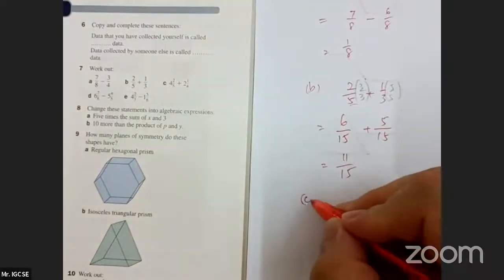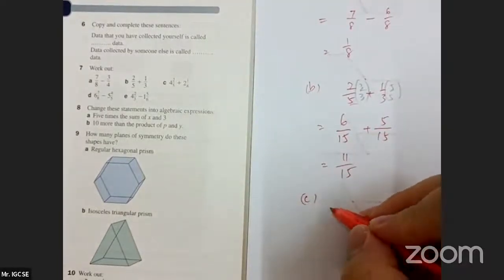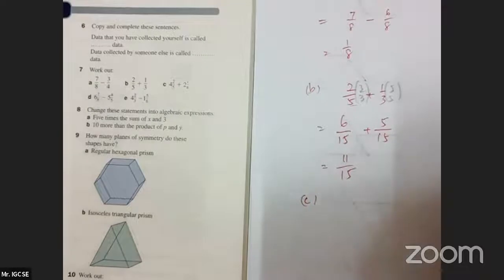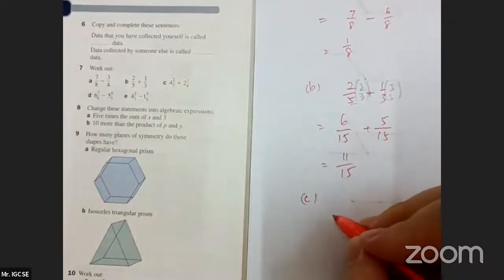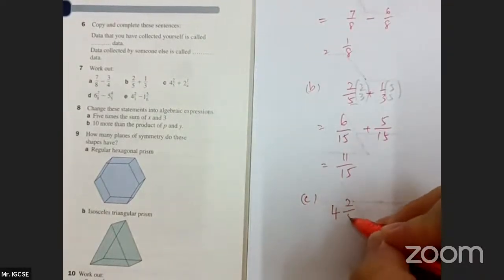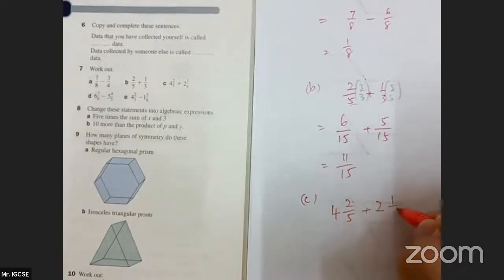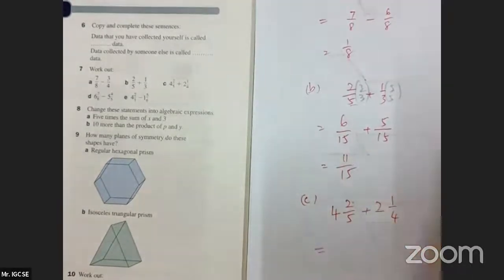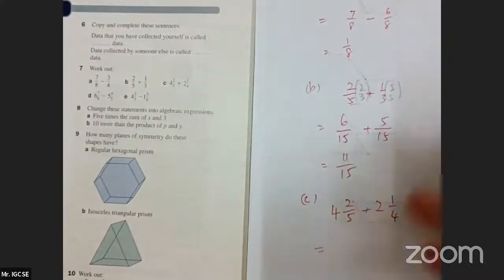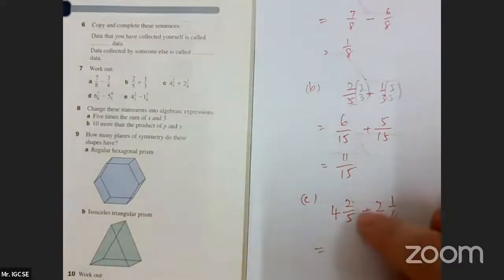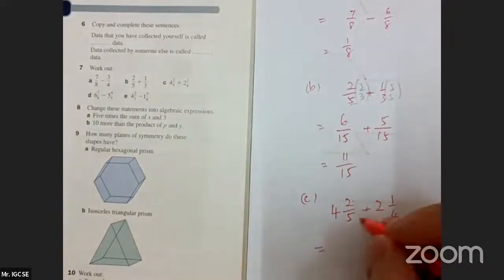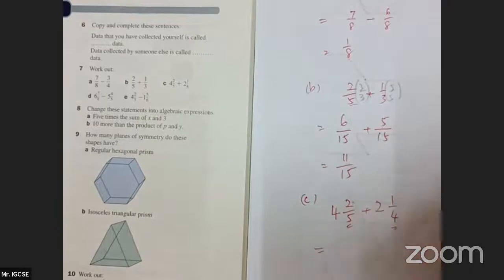And then number C, this is the so-called mixed fraction. So you have 4 and 2/5 plus 2 and 1/4. You can do it in more than one way. Firstly you can make the denominator the same.